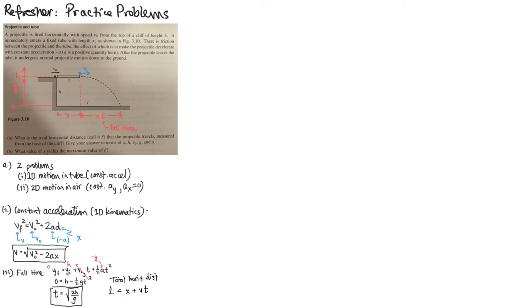And now we actually have an expression for v and t. v is the square root of v naught squared minus 2ax, and t is the square root of 2h over g. Okay, so we'll just leave that right here in a purple box. That's our solution to part A. We have the distance traveled in terms of the given quantities, a, x, g, h, and v naught.